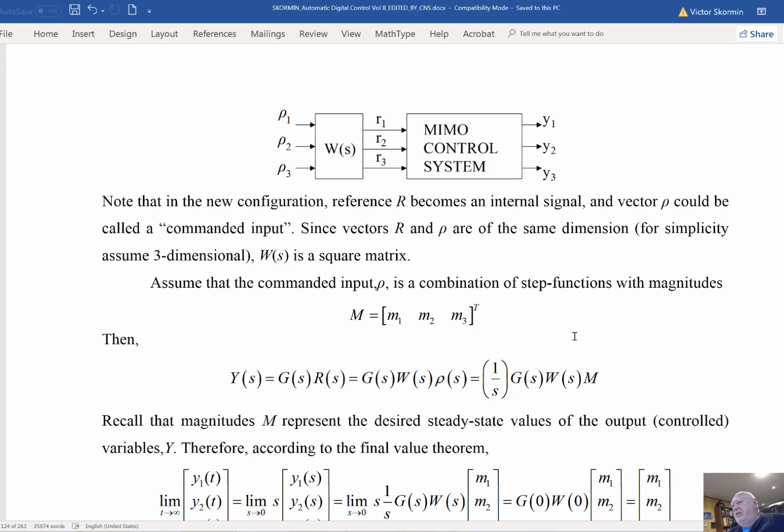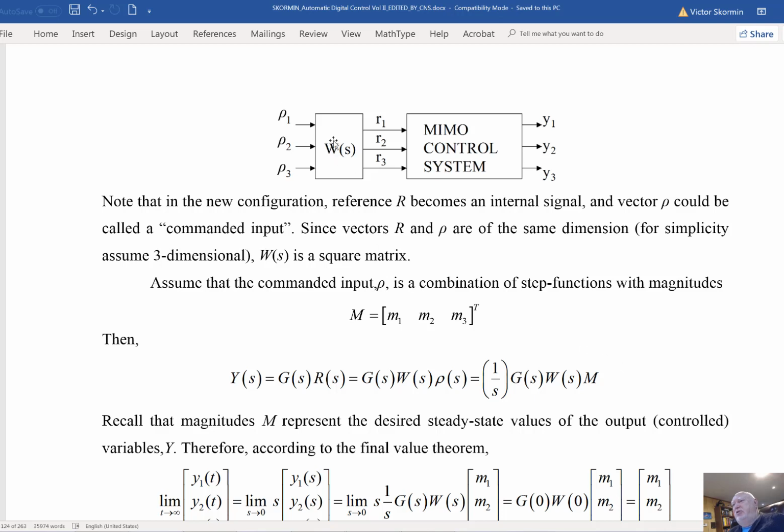And I have to tell you this, I put here some kind of discussion, some kind of mathematical definitions. They are not important. The important thing is the following. If you choose this filter as a static filter, just a static filter, its elements will not be functions of S, just constant gains.